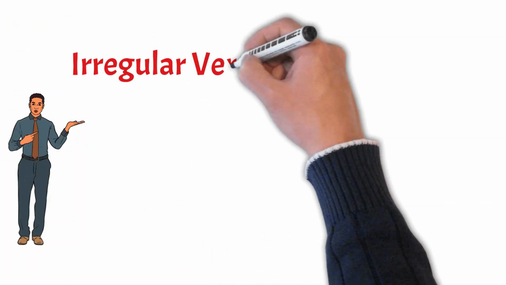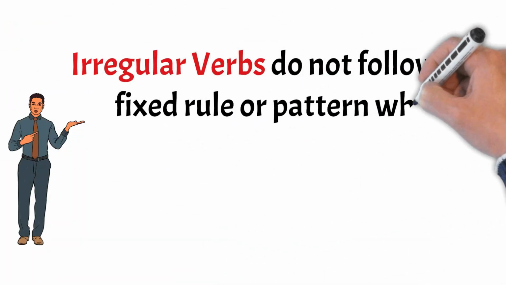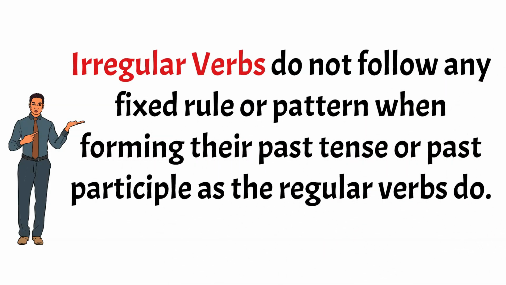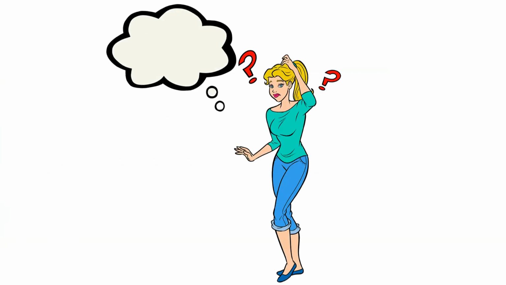In contrast, irregular verbs do not follow a fixed rule or pattern when forming their past tense or past participle as the regular verbs do. Instead of simply adding ed, they may change their form entirely or partially. In fact, changes must be memorized individually.